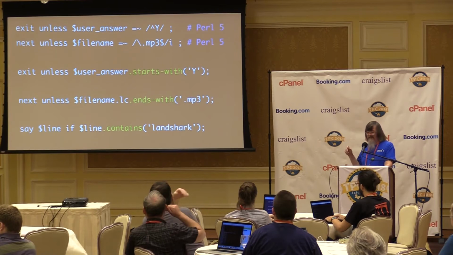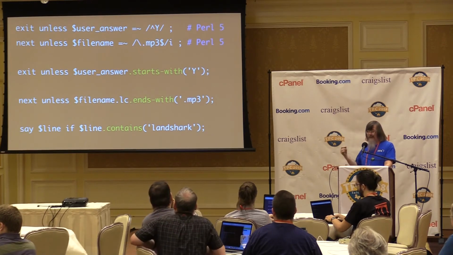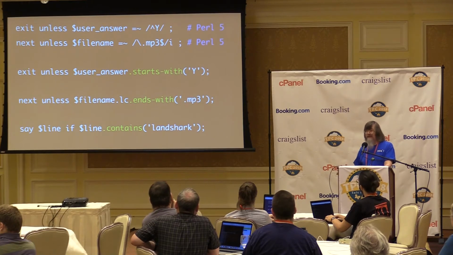Perl 6 adds methods starts-with, ends-with, and contains, and they take plain fixed strings like fgrep. The old regexes still work, but the new methods are so much cleaner.